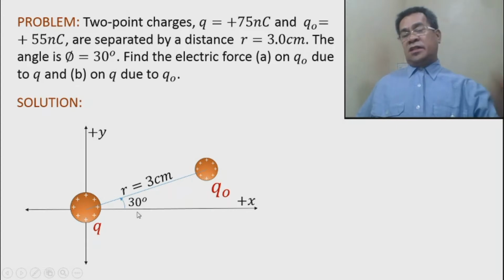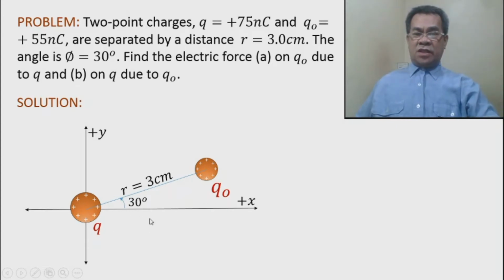We have this 30 degrees. So given the distance center to center, given the two interacting charges, and we have this angle, you are asked to find the electric force. So this must be a vector. Otherwise, if specified as magnitude, then solve magnitude only. But this one is understood to require a vector electric force.